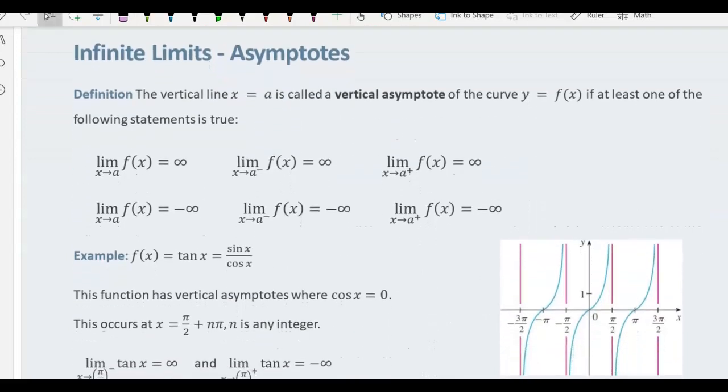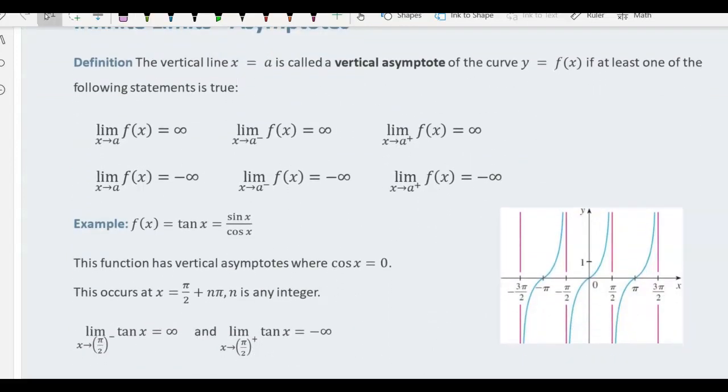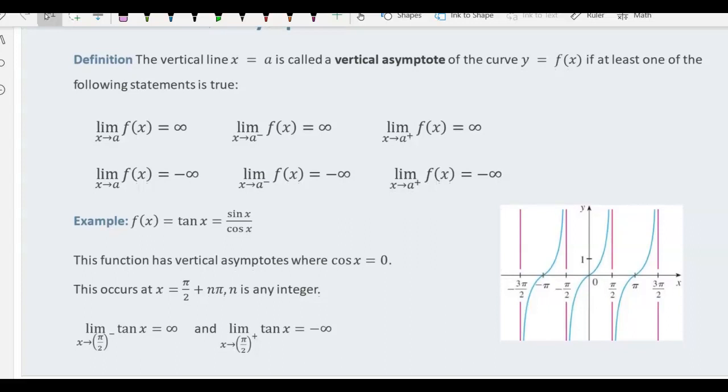As I mentioned, usually we can have these ideas of graphs going up to positive or negative infinity when we have asymptotes. And here's a perfect example when we have a tangent function. We know that tangent has asymptotes wherever the cosine is equal to 0 because that's where the function is undefined. And so the cosine is undefined at a number of places, right?